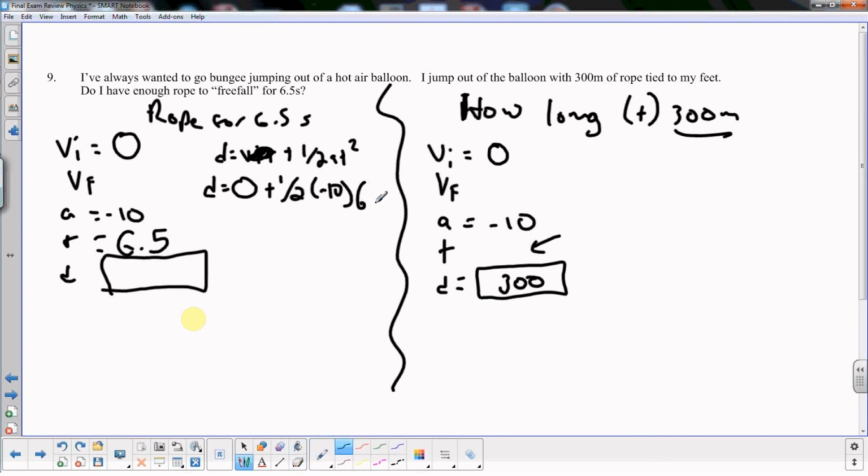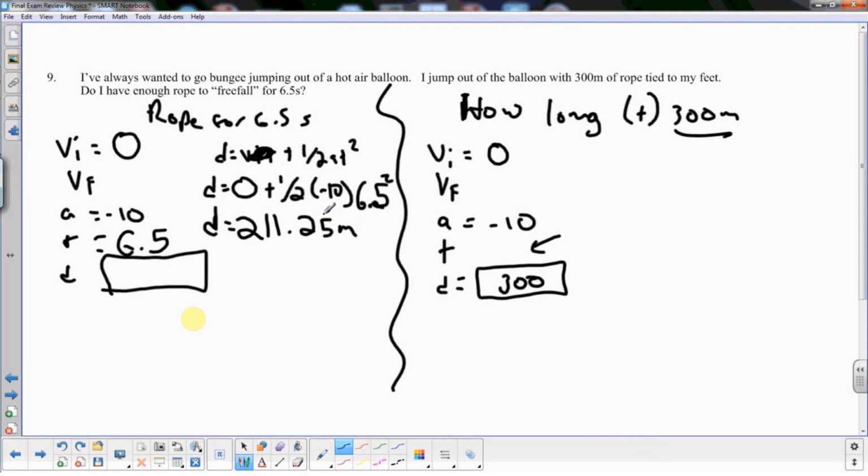All right, so our distance is 0.5 times negative 10 times 6.5 squared. You're going to end up with a distance of 211.25 meters.